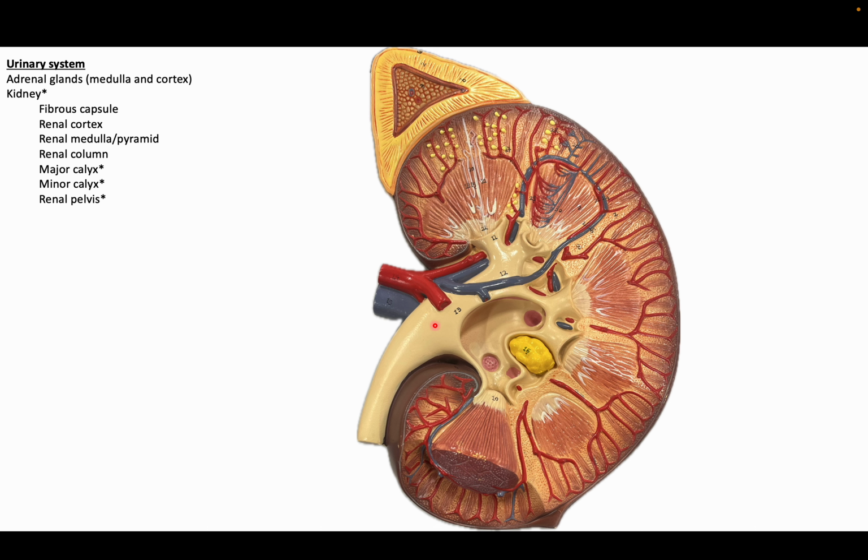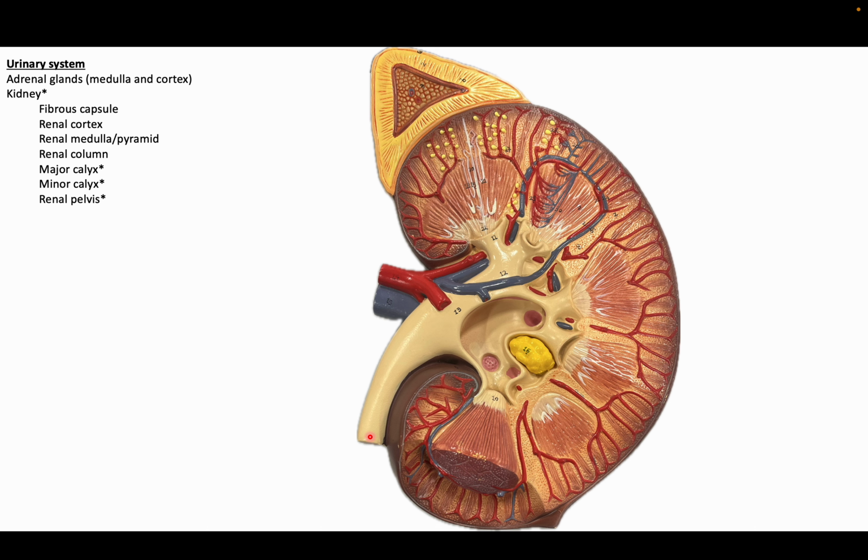And the renal pelvis takes the urine into this structure right here, which is the ureter, which takes the urine to the bladder. So again, minor calyx drains into the major calyx, takes it to the renal pelvis, and then out to the ureter, which takes the urine to the bladder.